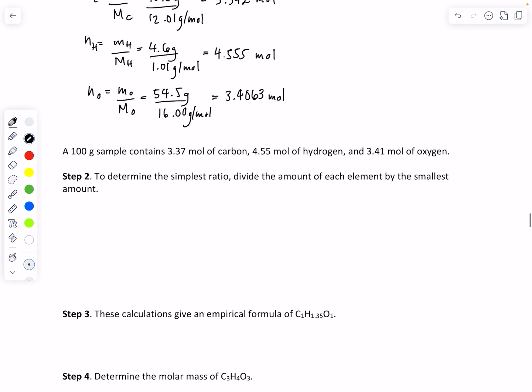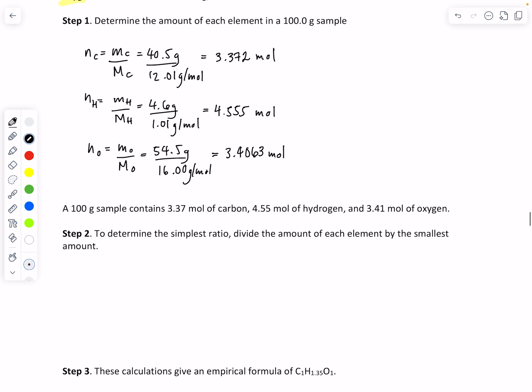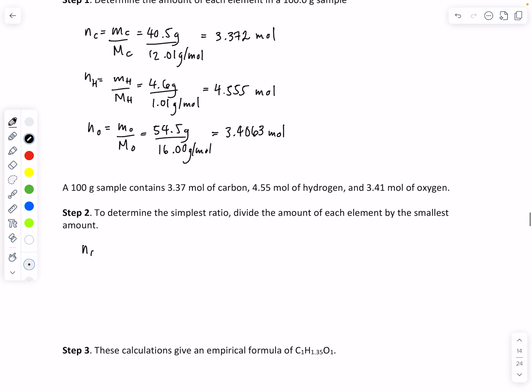Next, to determine the simplest ratio, divide the amount of each element by the smallest amount. So we have 3.372, 4.555, and 3.406.